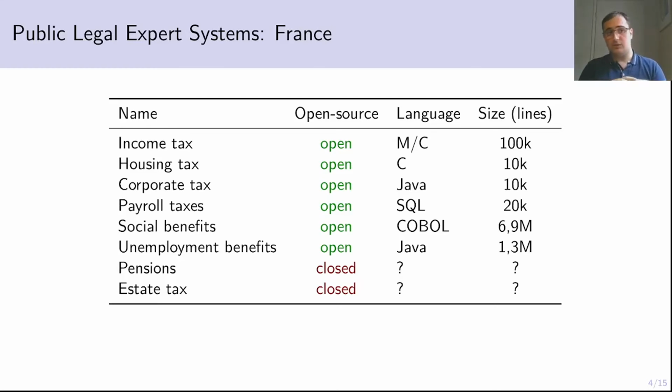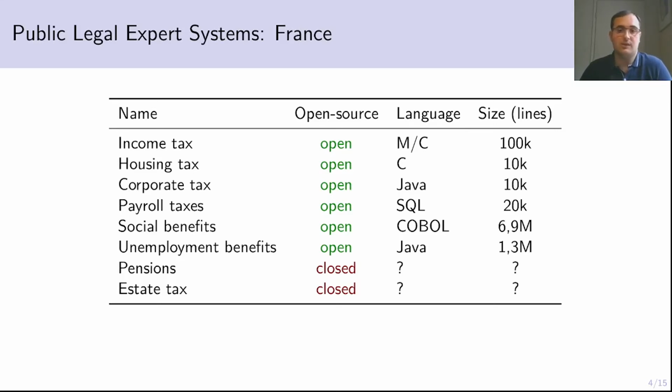As you have seen in the previous example, turning law into code is a difficult task, and it is a task that is done regularly by employees of large organizations in the public and private sectors all across the world. For instance, in France, in the public sector, all of those algorithms are in production and they compute various taxes and social benefits.